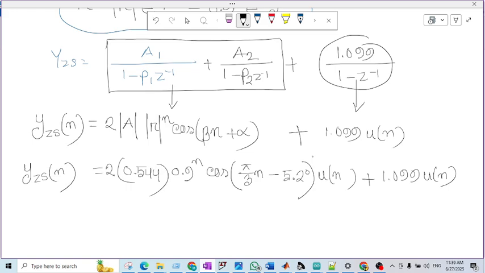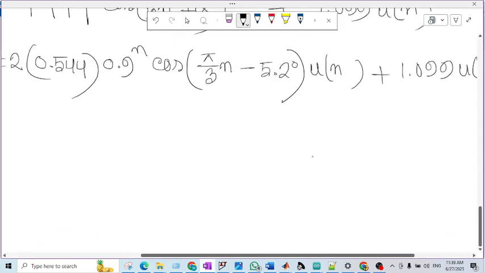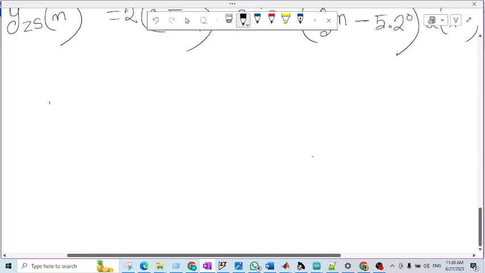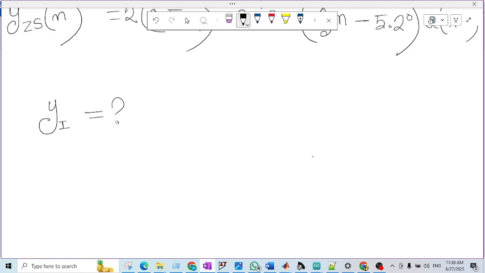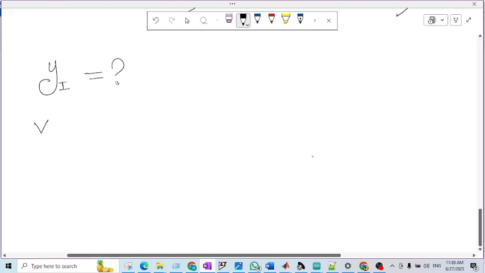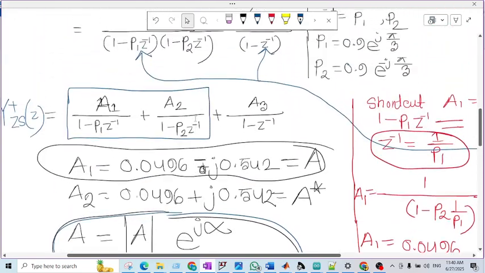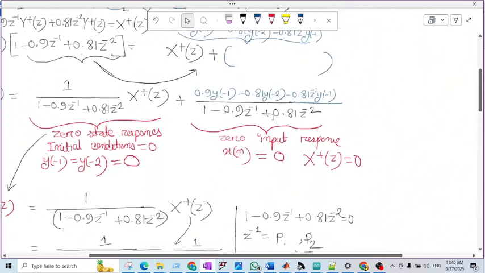Now we need to find the zero input response. So let's now try to find the zero input response. I have to find the zero input response in Z domain. And what was that? This thing, right?